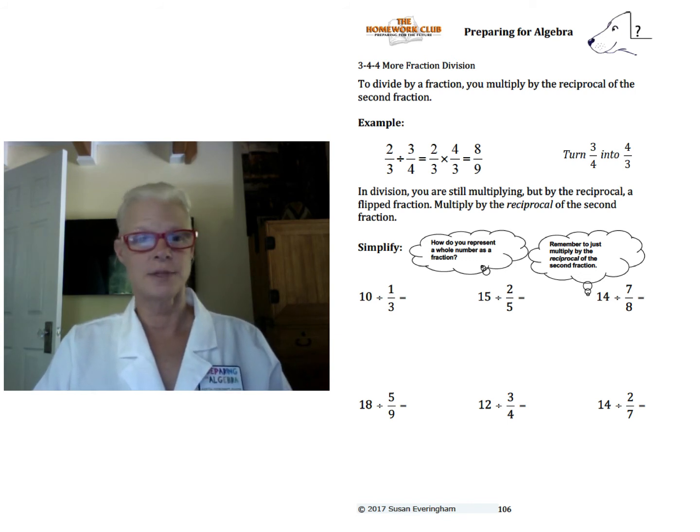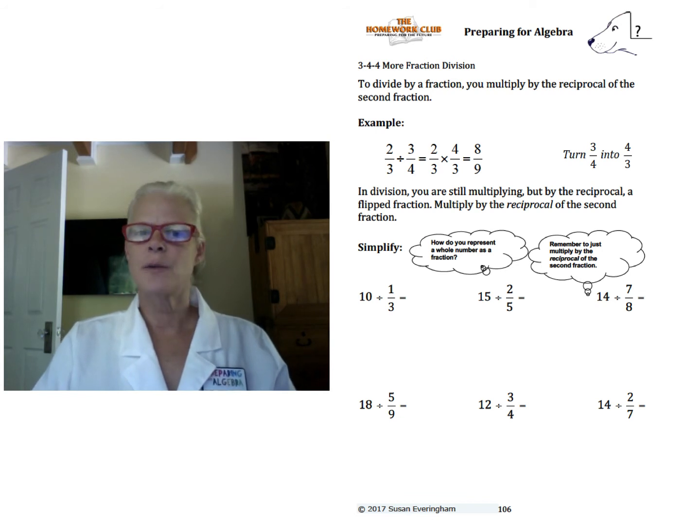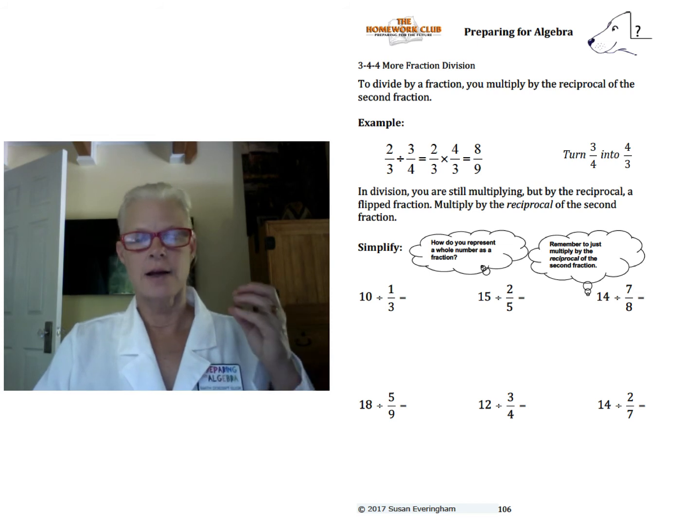Say that 3 times. So how do you represent a whole number as a fraction? You guys remember this? You put the whole number over 1. So the denominator is 1 and the numerator is that whole number. And all you need to do is take that number and turn it over.